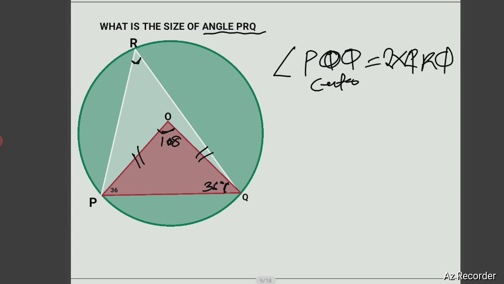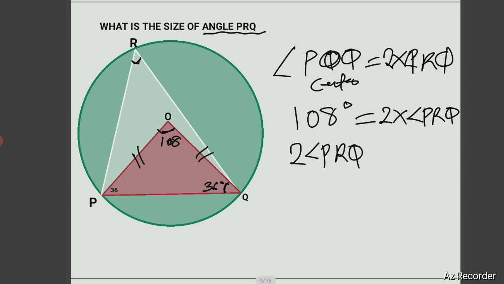So the POQ, you know, it is 108 degrees, which is 2 multiplied by angle PRQ. So the angle at the center is twice the one at the circumference. So let's make PRQ the subject of the formula.